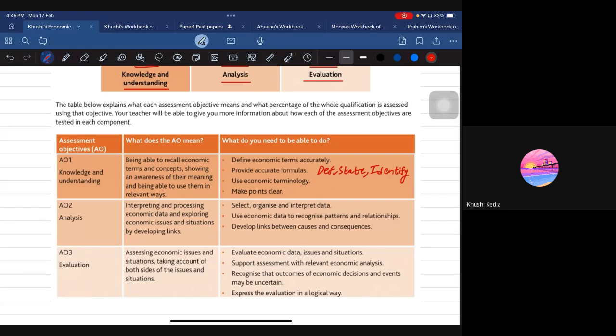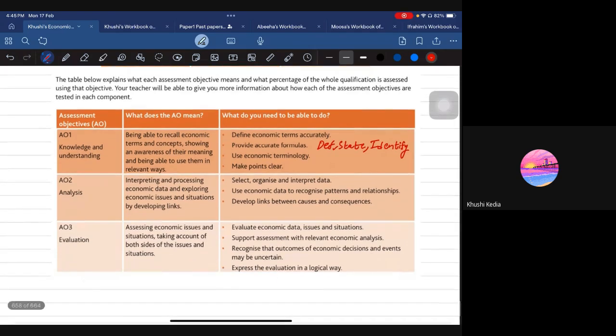You have to apply the formula as well, and putting in the formulas are also part of the knowledge and understanding. We already know about AO2, which is the analysis, considered to be the chain of analysis. But here, one thing very important is the chain itself needs to be more developed, meaning that you must have three to four connecting lines.